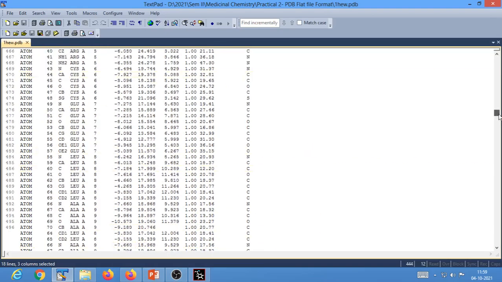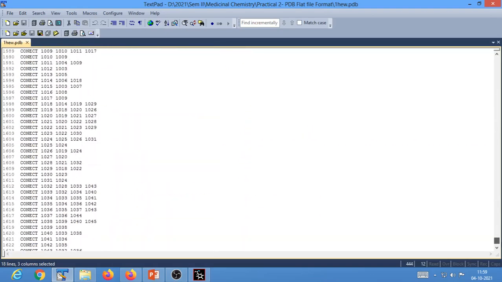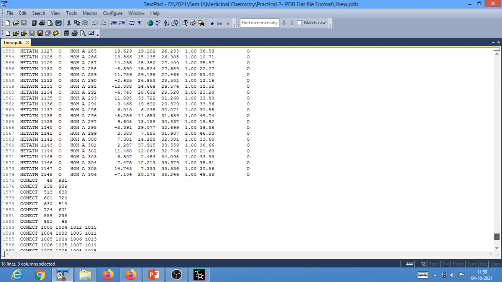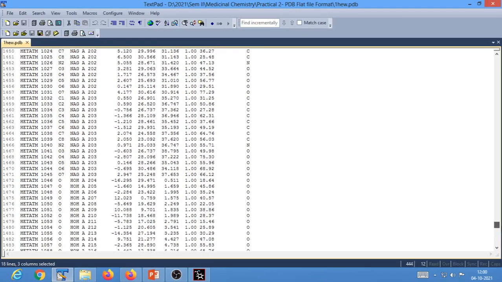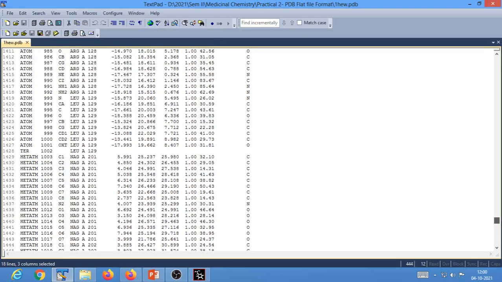In this way, if you scroll down, how many atoms are there in your PDB file? You can just scroll down: in your protein molecule there are 1001 atoms.